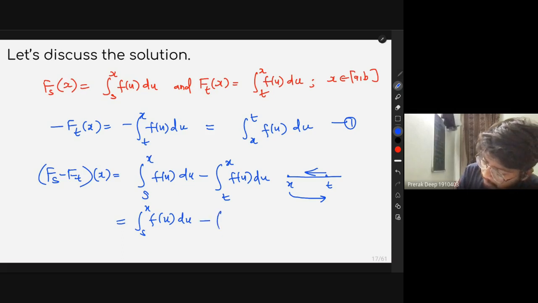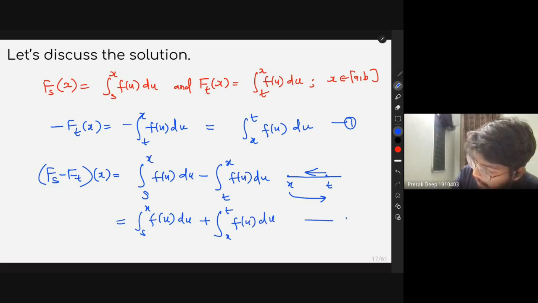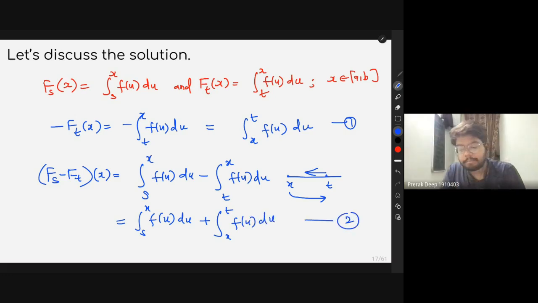Now this thing is nothing but equal to... here we again use another property, that we can break the integration into parts, into the subintervals of the function. So that's what we have done here.